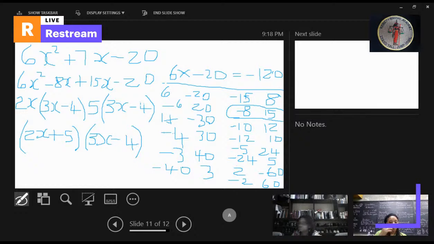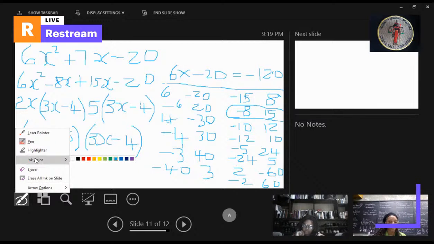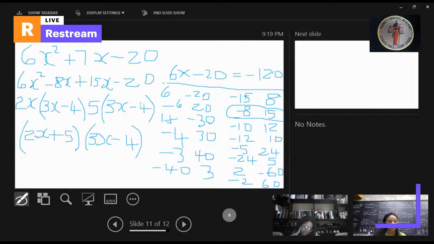And remember, when we factorize, we're supposed to be able to multiply back the factors, expand back the factors using the distributive law, and get back the original. So let's do that just to check. We would have 2x times 3x, which is 6x squared. 2x times negative 4, which is negative 8x.